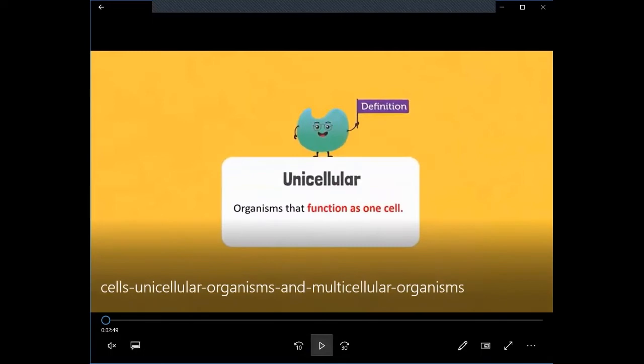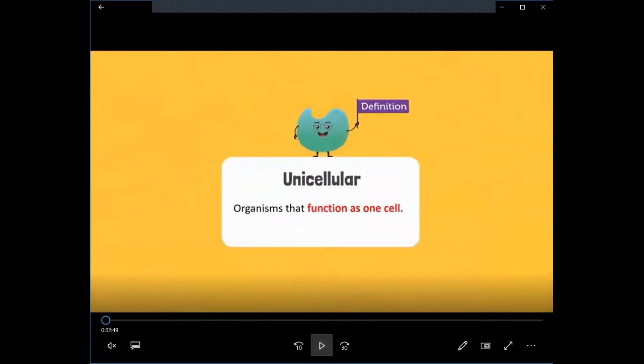Unicellular organisms function as one cell. Can you read it one more time? Unicellular organisms function as one cell. Uni means one.